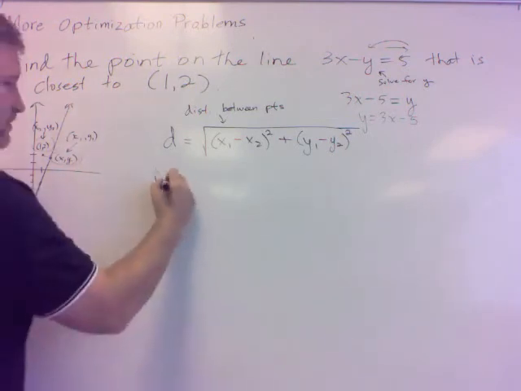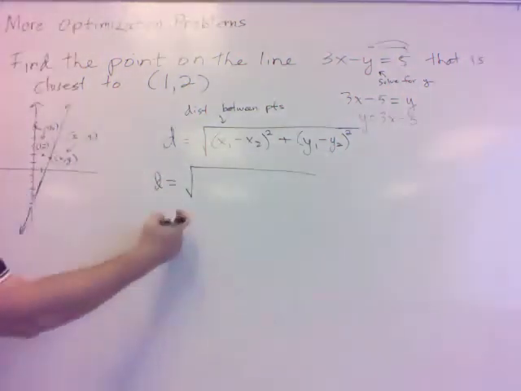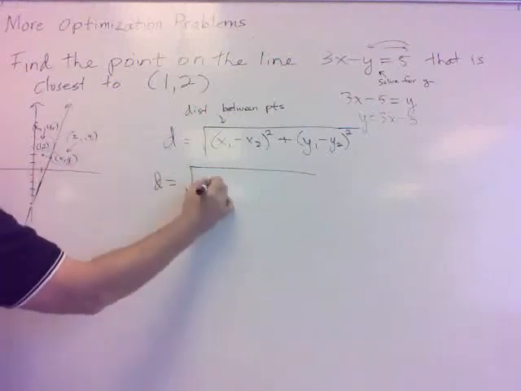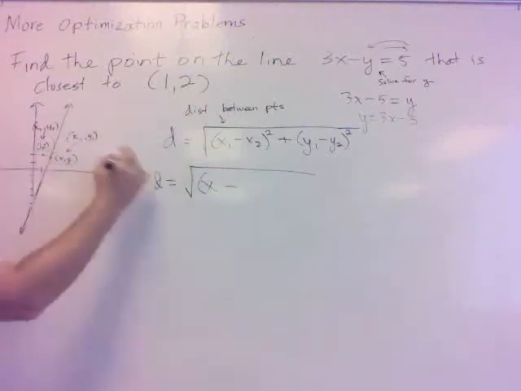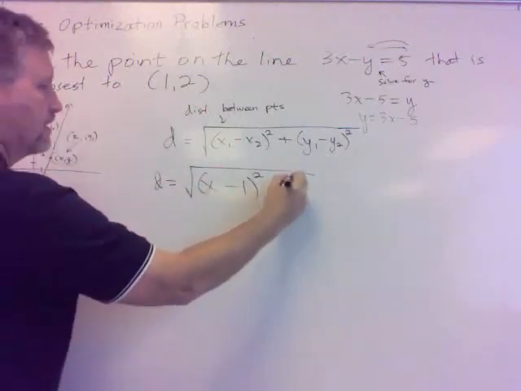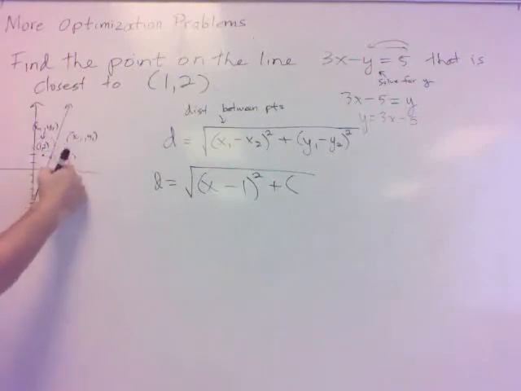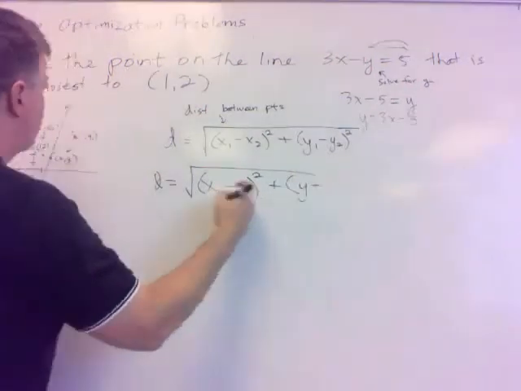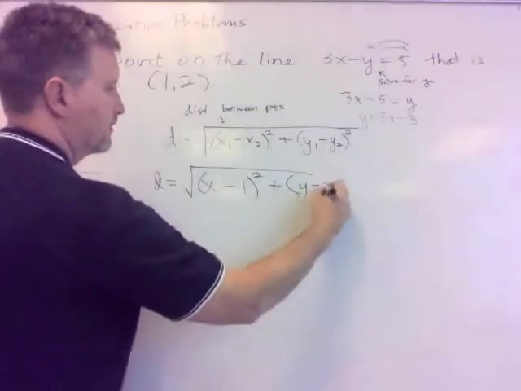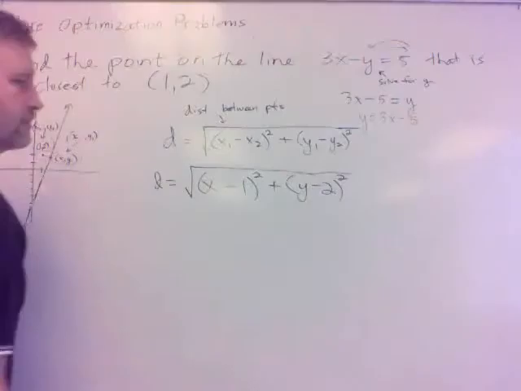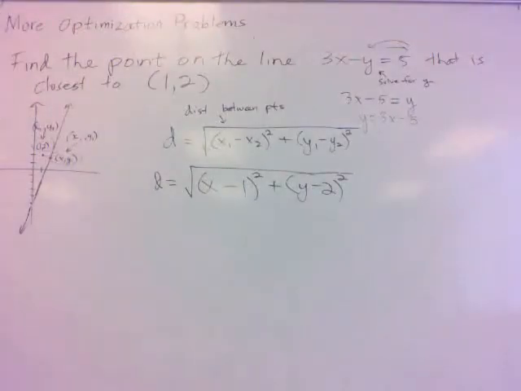So that would mean d equals the square root of (x1, so that's just going to be x, minus x2, which is 1) squared, plus (y1, which is y, minus 2) squared. Is this okay with me so far?